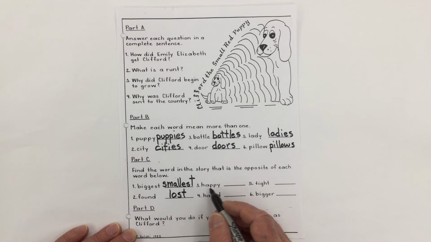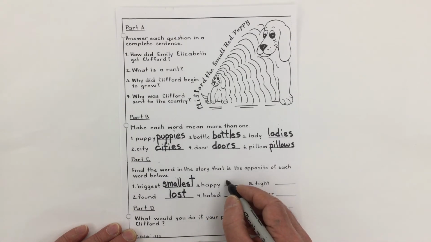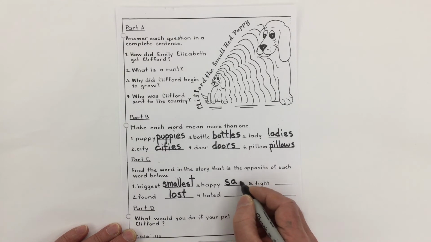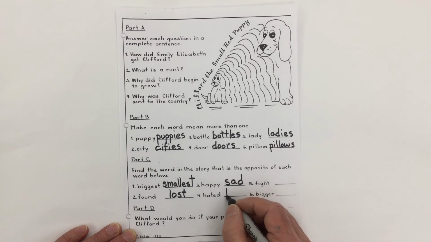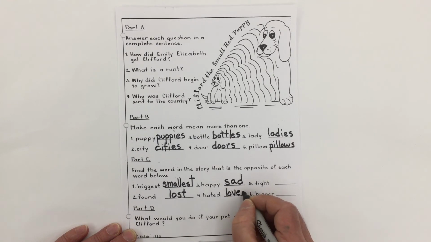Opposite of happy. Opposite of happy is sad. Number 4, opposite of hated. Opposite of hated is loved.